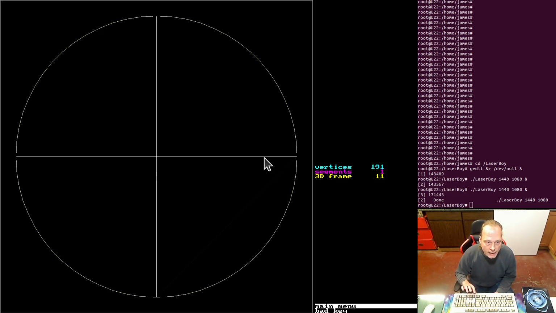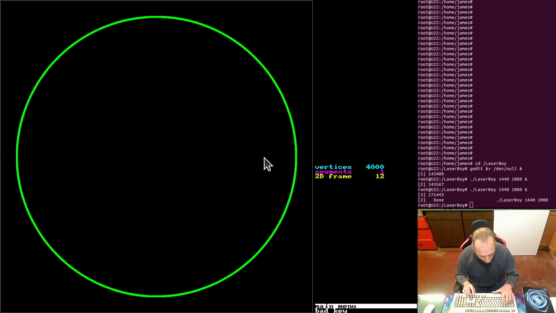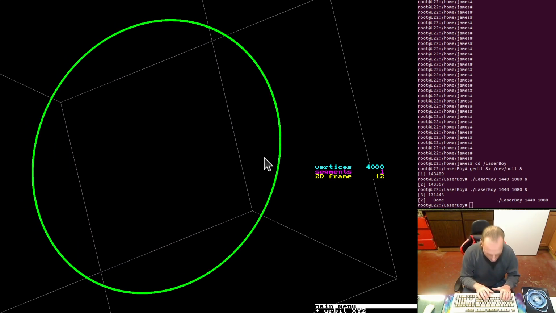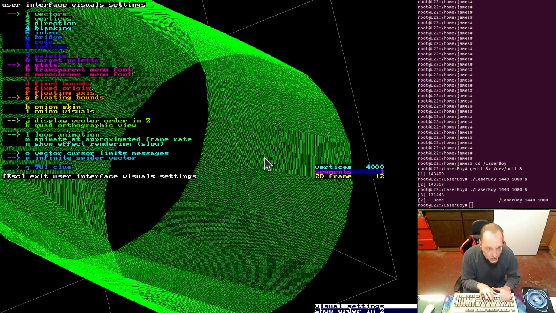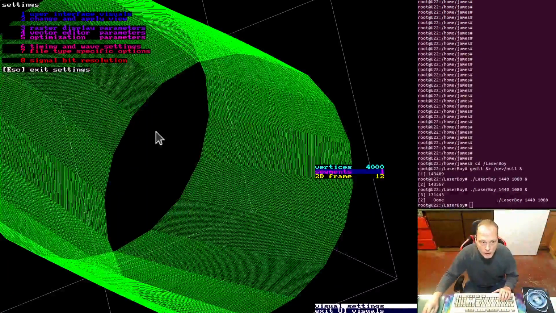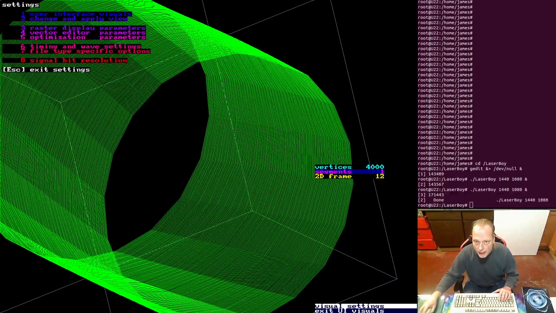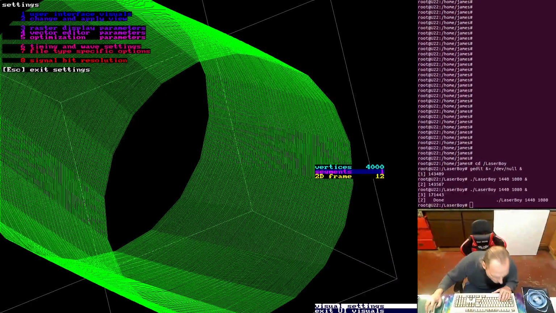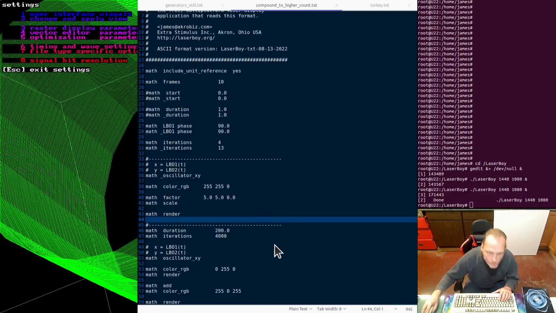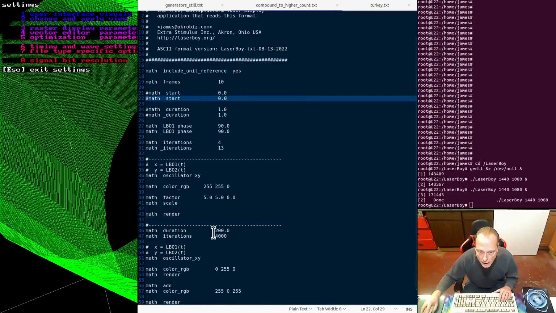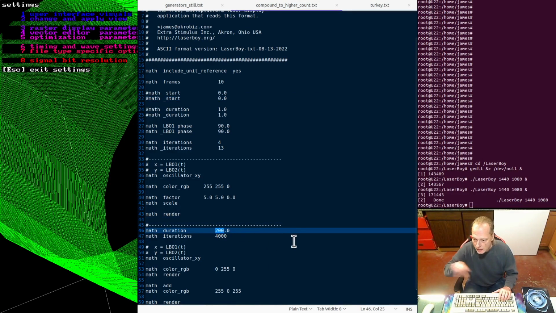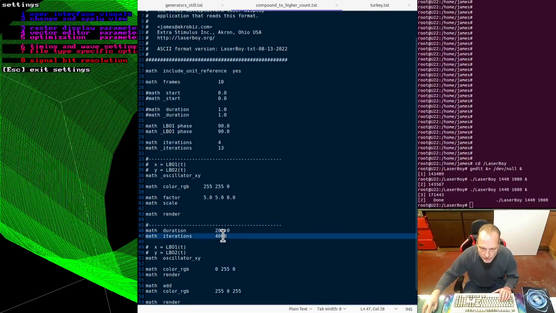Alright, and then this is, I'll show you. There's 200 times around. Yeah, 200 circles piled on top of each other using 4,000 vertices to do it.